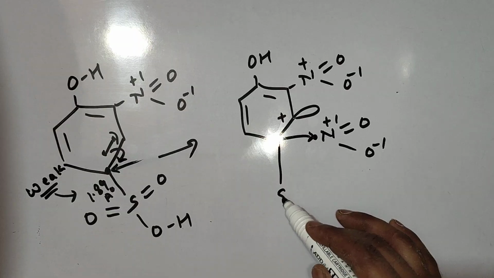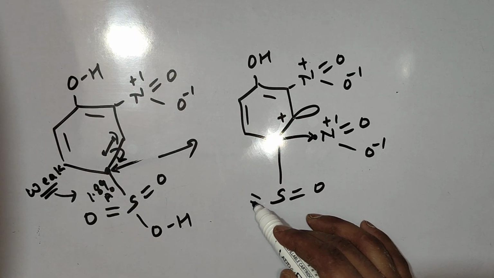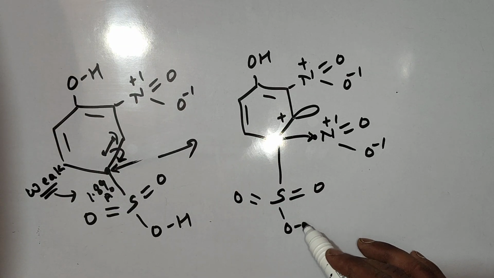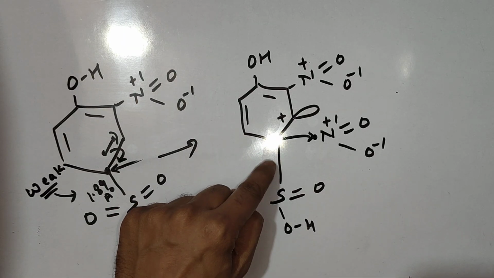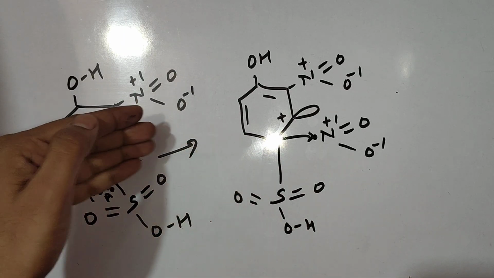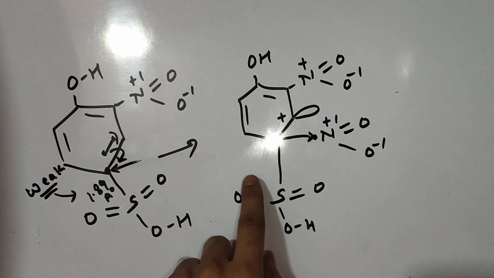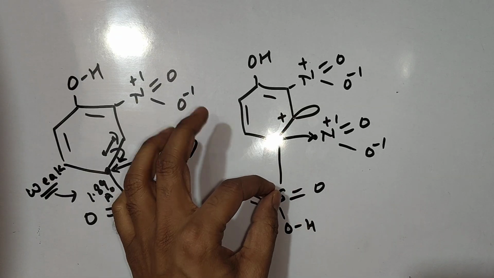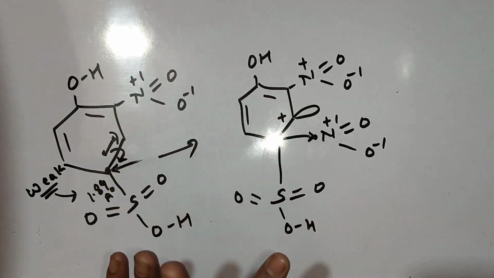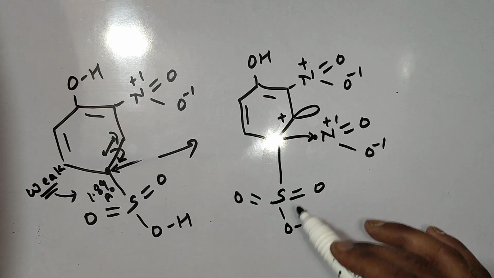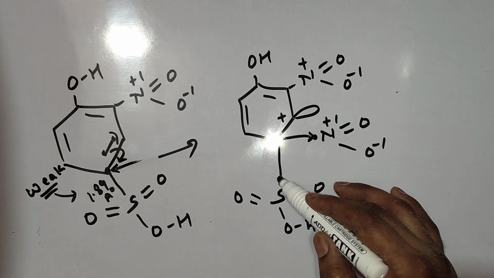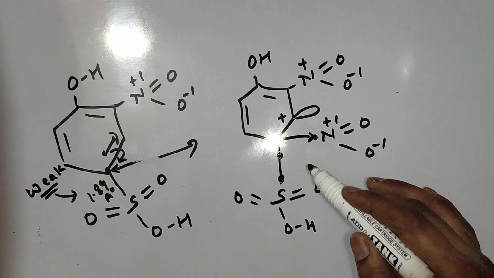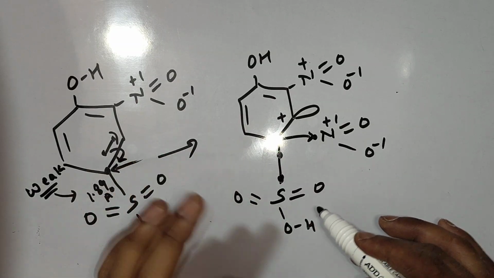Here we have the sulfonic group. Now as I told you, this is a weak bond. The sulfonic group can easily leave this molecule. So the bond between carbon and sulfur will break and electrons will transfer toward carbon. Let me tell you why.